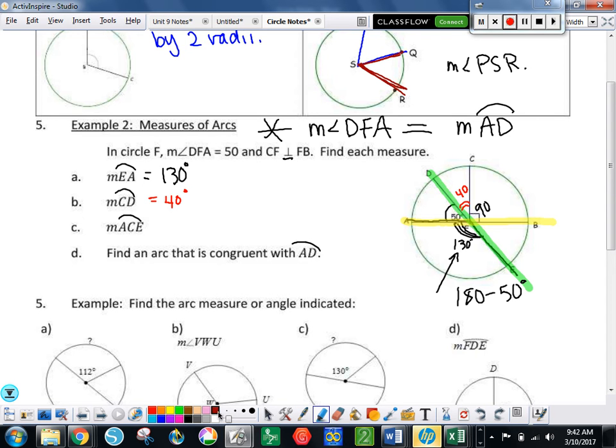All right, and the next one, find the measure of arc ACE. So I start at A, I go through C, and all the way back down to E. On your own, see if you can figure that out. What's the arc of ACE?